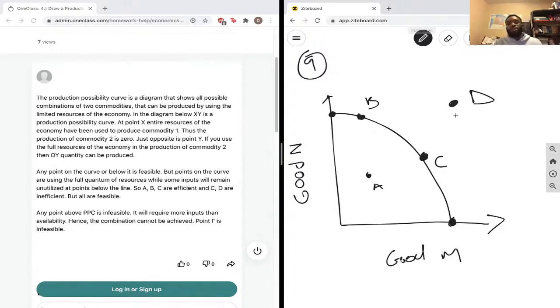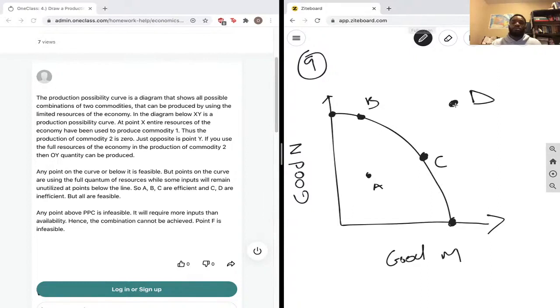And finally, good D. This is not feasible. And this is because when we use all the resources made available to us, we can't produce anything that is above this curve. It will definitely be on this curve.